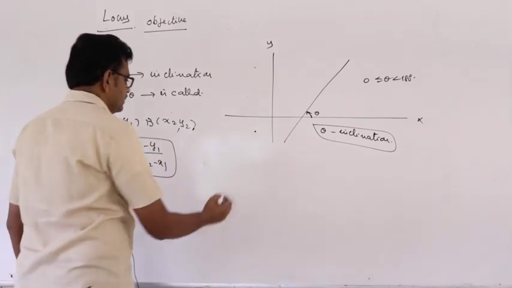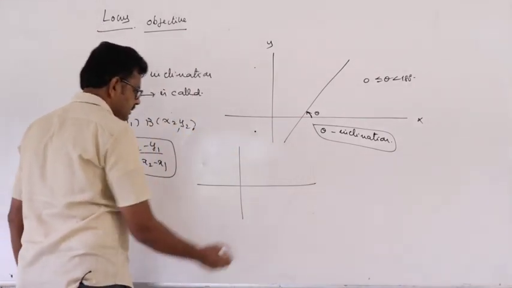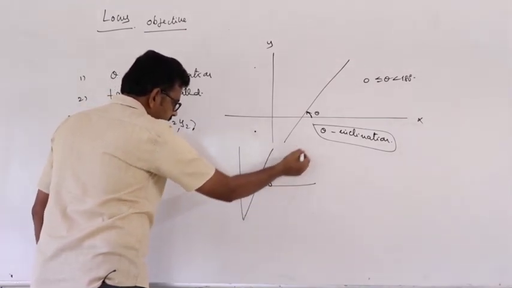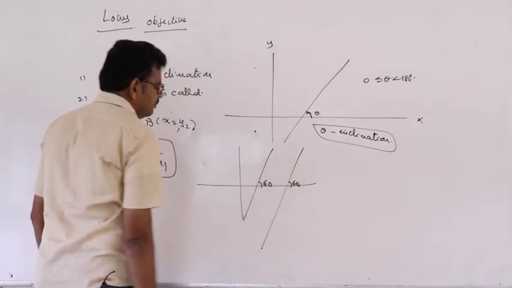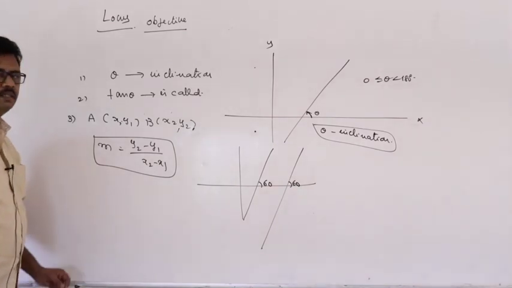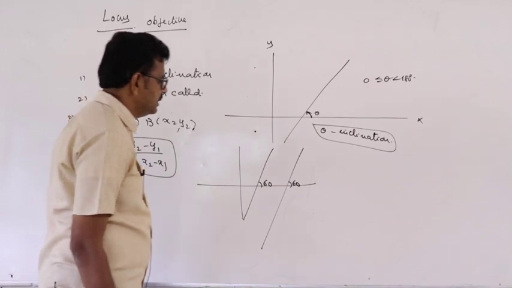Suppose here this line makes an angle 60 degrees. This other line also makes an angle 60 degrees. Then the two lines are parallel. If two lines are parallel, then their slopes are equal.